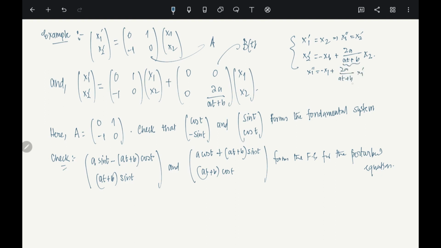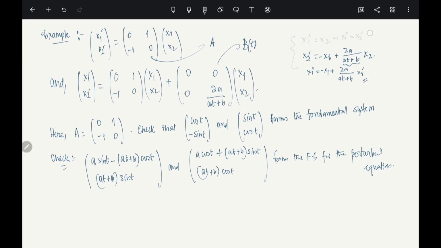This is basically a second order equation, and you know how to solve it. You can use power series expansion, or you can directly put these two fundamental solutions in this equation and see whether they satisfy the equation. It will be okay.